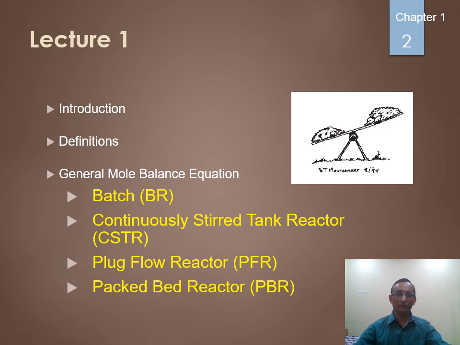We are going to refer to the batch reactor BR, CSTR, the plug flow reactor PFR, and the packed bed reactor. This packed bed reactor word we generally use for catalytic reactors. So we are going to define or design general equations for these 4 types of reactors by taking the help of the general mole balance equation.